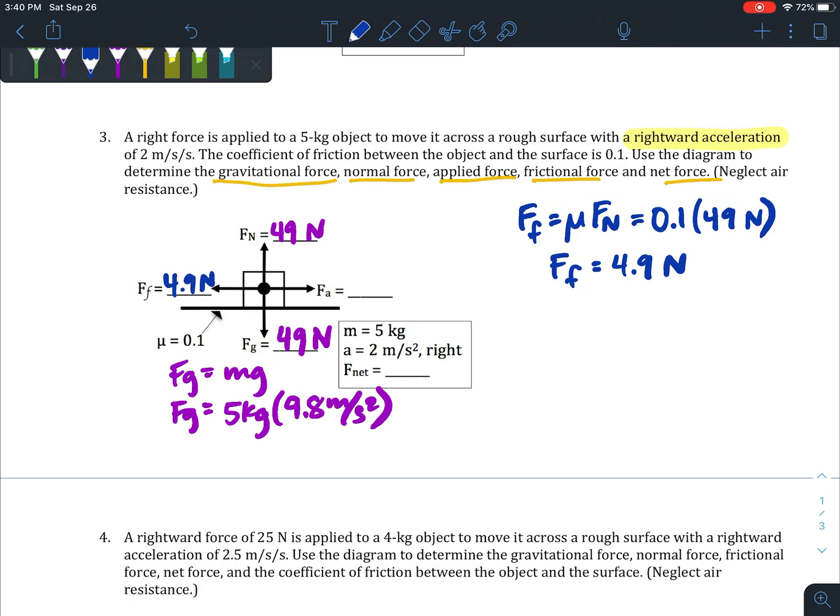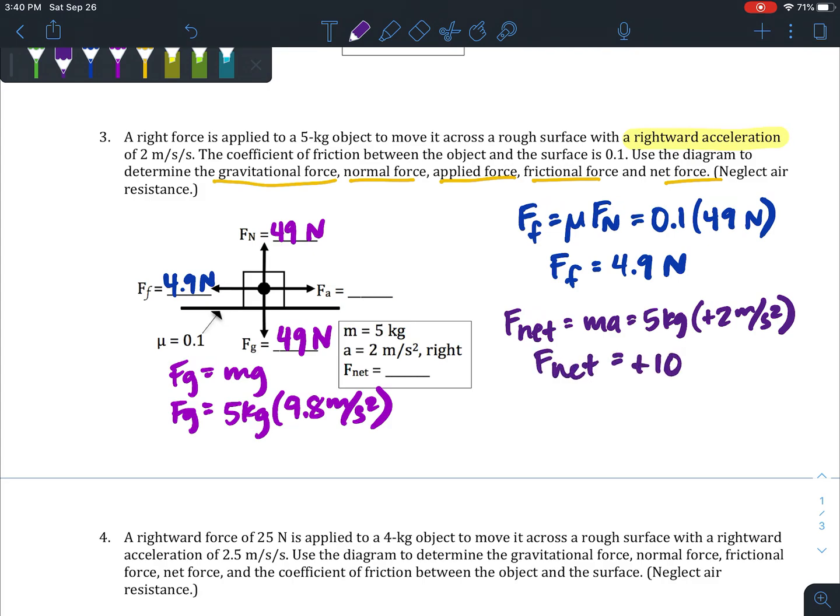I don't know my applied force, but what I could do is solve for my net force using Newton's second law, F net equals ma. So I have 5 kilograms of mass, of a positive 2 meters per second squared for acceleration. So my net force will be positive 10 newtons. Okay.